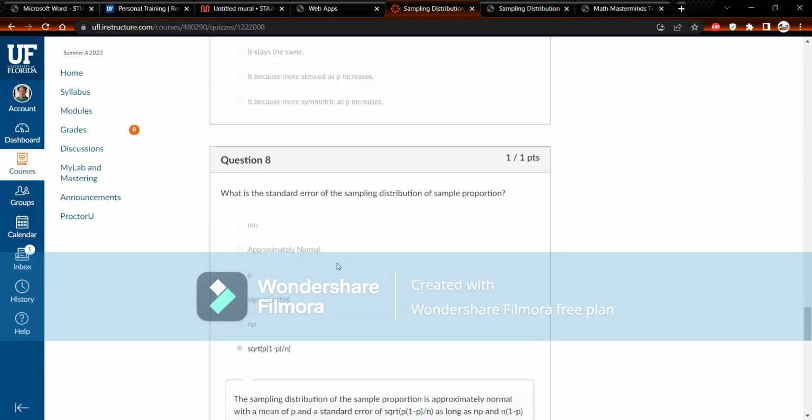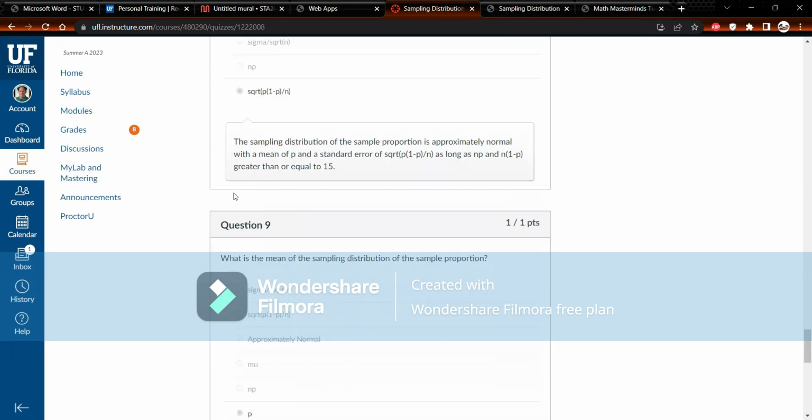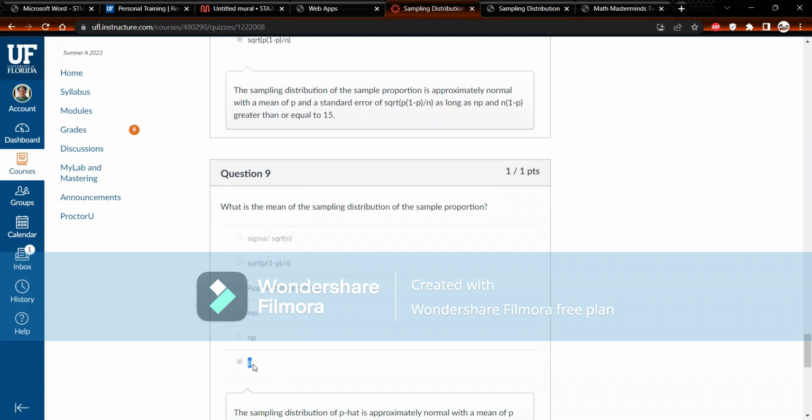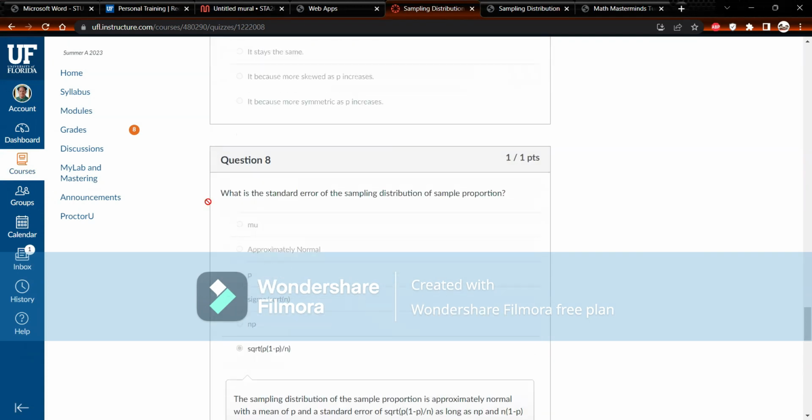This is equation based. As I said before about what we learned, the mean of the distribution and the standard error of the distribution, you'll get some equations. So the mean is pretty simple, right? Number 9 is about the mean, just P, conceptual, basic stuff. But what about the sampling error, standard error? Let's go to the whiteboard and draw this out because this is the answer.